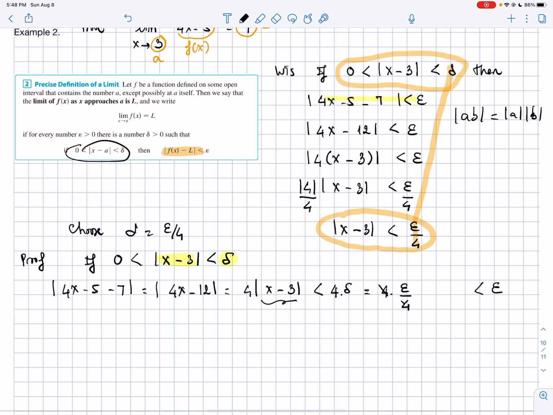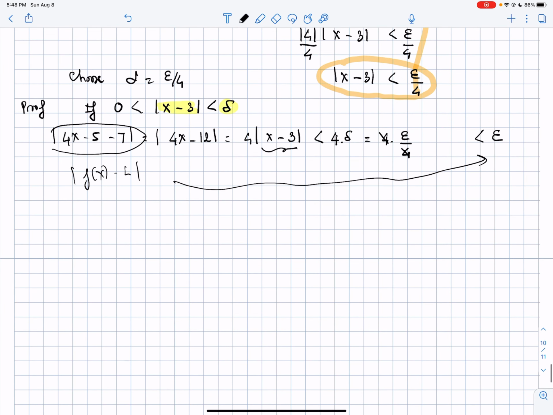So we cancel out the 4 and we get epsilon. Okay, so this is the absolute value of f of x minus L less than epsilon. So basically what we did is we just proved that the limit as x approaches 3 of 4x minus 5 is equal to 7.